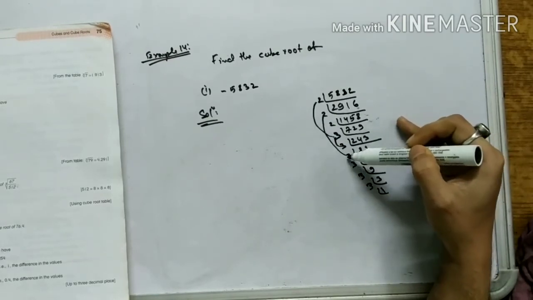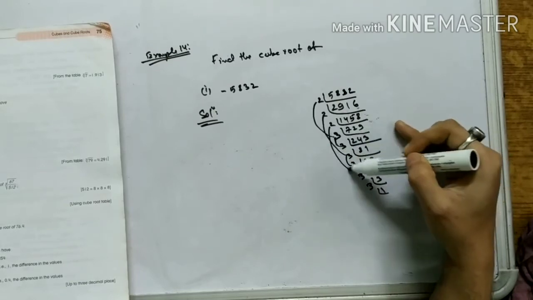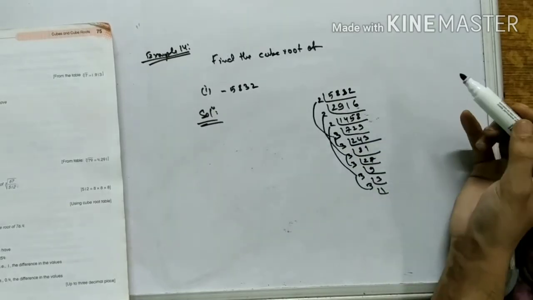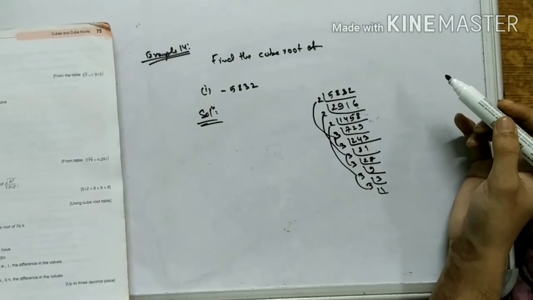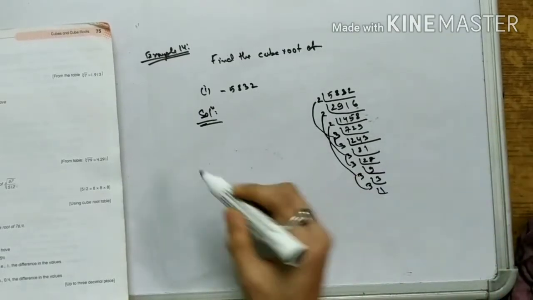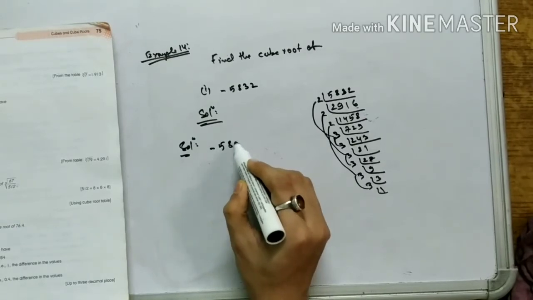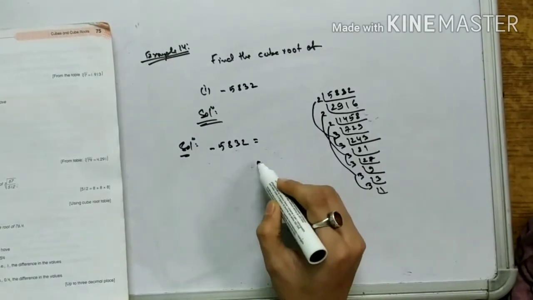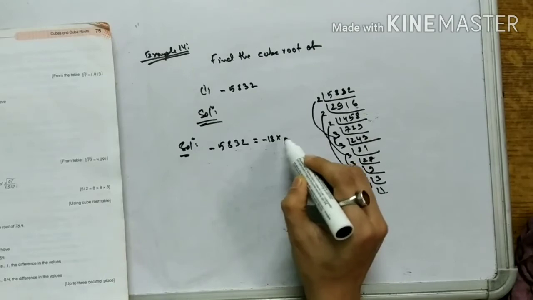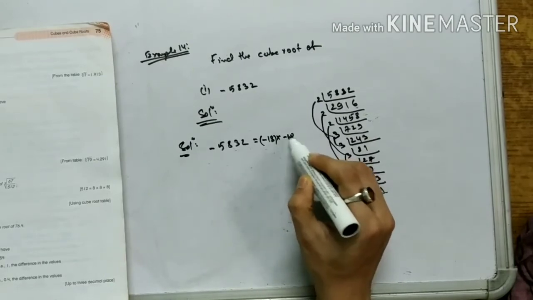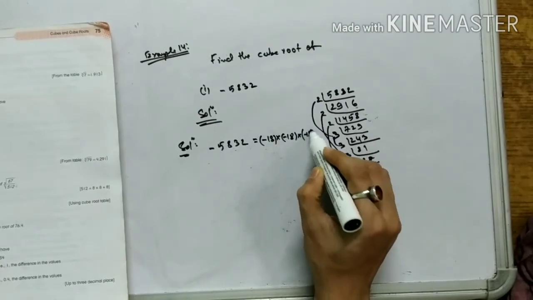So in here the solution: minus 5832 is equal to, I can write, minus 18 into minus 18 into minus 18.